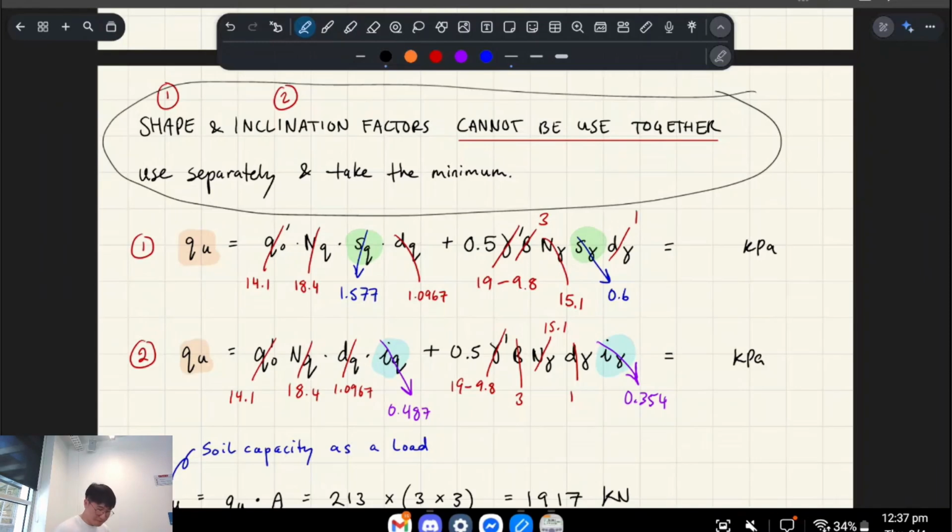So we plug everything in as we did before. For the top case, we get 575, and the bottom case, we get 213. When you're comparing these numbers and talking about capacity or strength, it's the lower capacity that governs. The idea is that the lower one gets reached first.